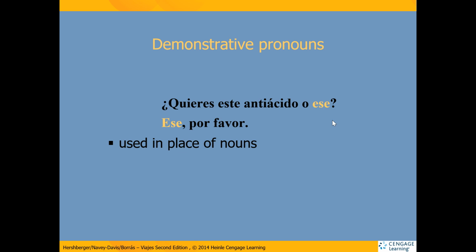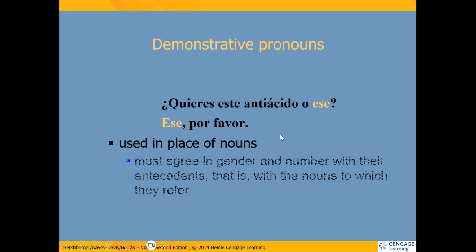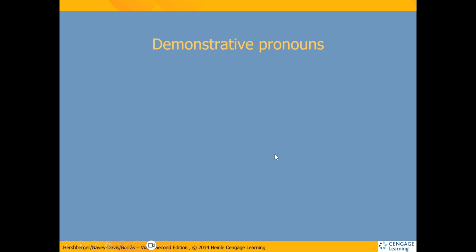This, este antiácido, or that is referring to another antacid, right? And that other antacid is probably not close to the speaker. That's why it's referring to that one, okay? And again, all of the pronouns and adjectives must agree in gender and number with the noun that they're referring to. Ese is referring to antiácido, a singular, masculine noun. All right.